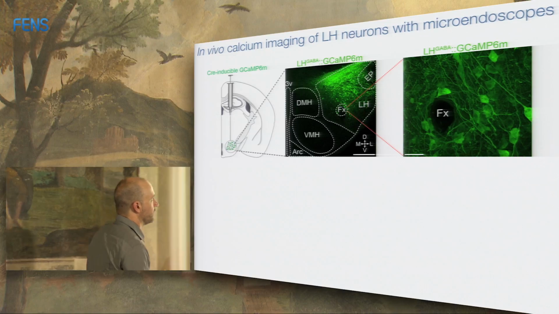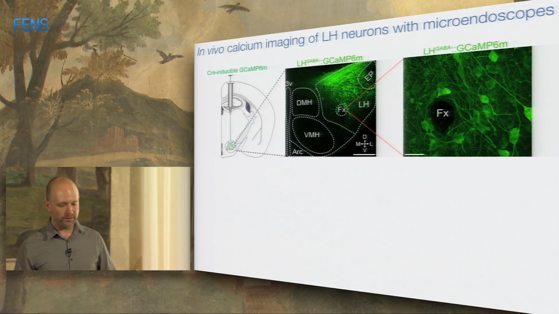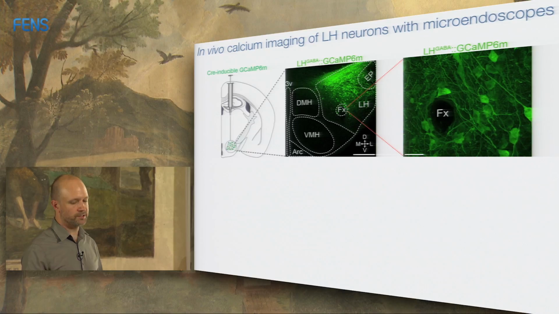It's a fusion molecule between the calcium binding domain of CaM kinase and green fluorescent protein. And the general idea is that when it binds calcium, this causes a conformation change in the protein, which causes its fluorescence to change.